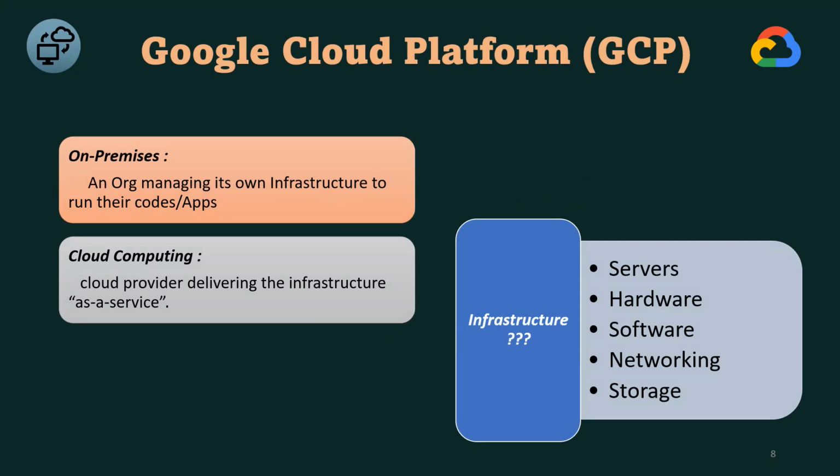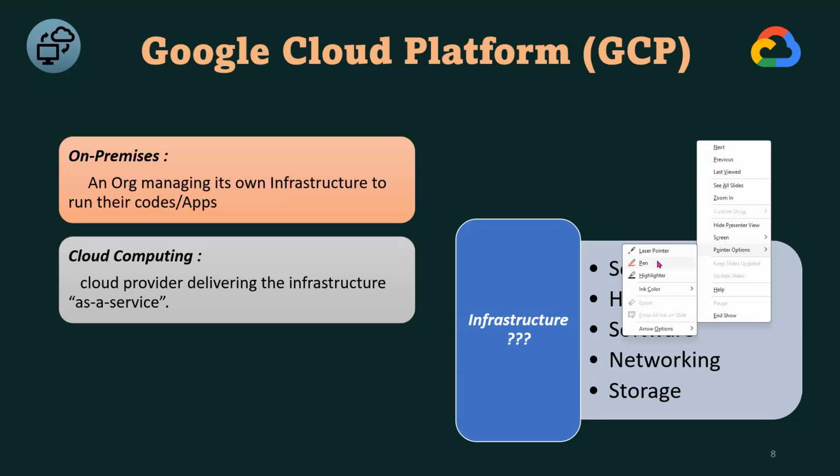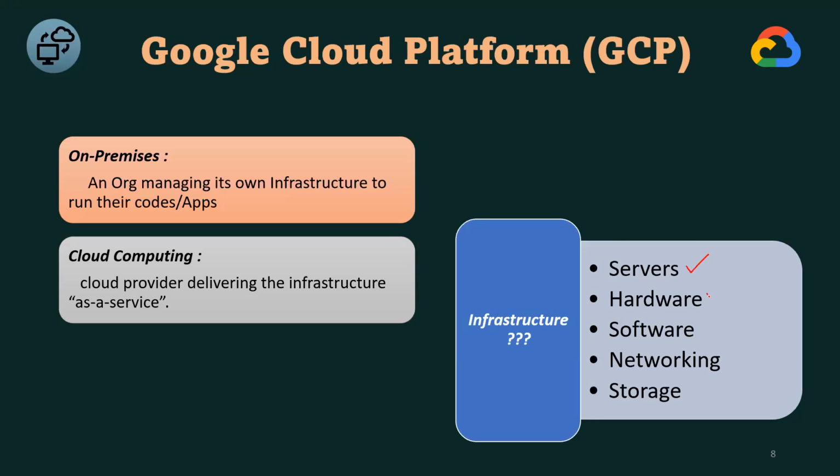In an on-premises working model, the organization has to manage its own infrastructure. When I say infrastructure, you can think of servers, hardware, software, networking, and storage. So the organization managing its own infrastructure is what we call the traditional working model.